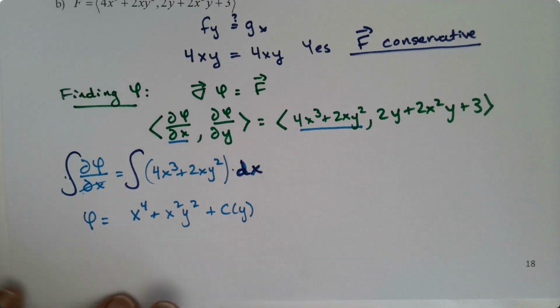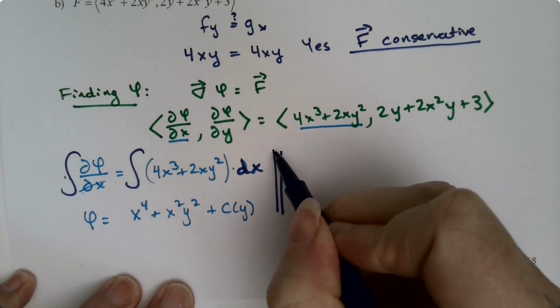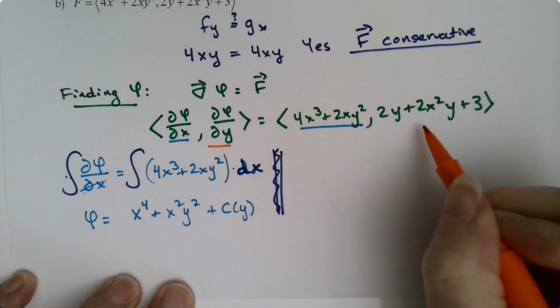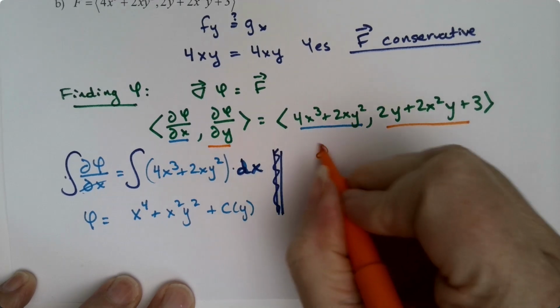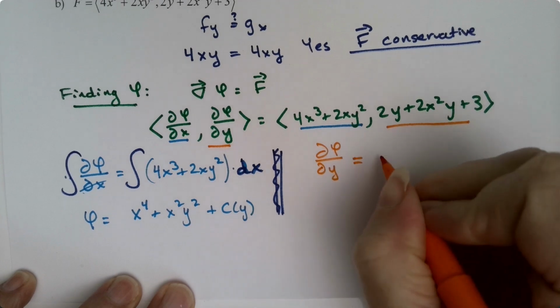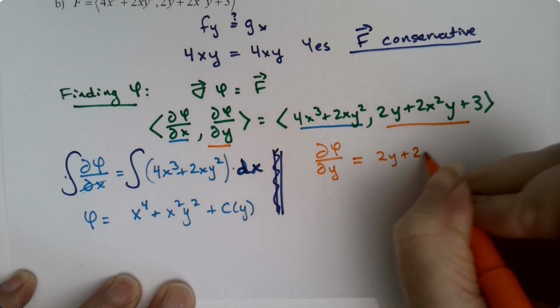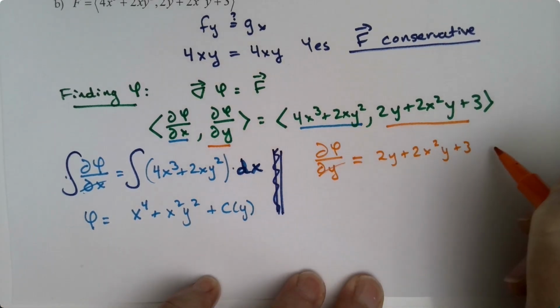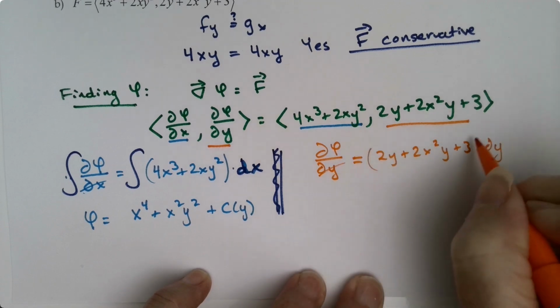Okay, now I'm going to do it again for the other side. So let's look at these two pieces over here. So I take the partial of phi with respect to y, and that's equal to 2y plus 2x squared y plus 3. I multiply both sides by the dy differential. It doesn't really matter if it's delta or d.